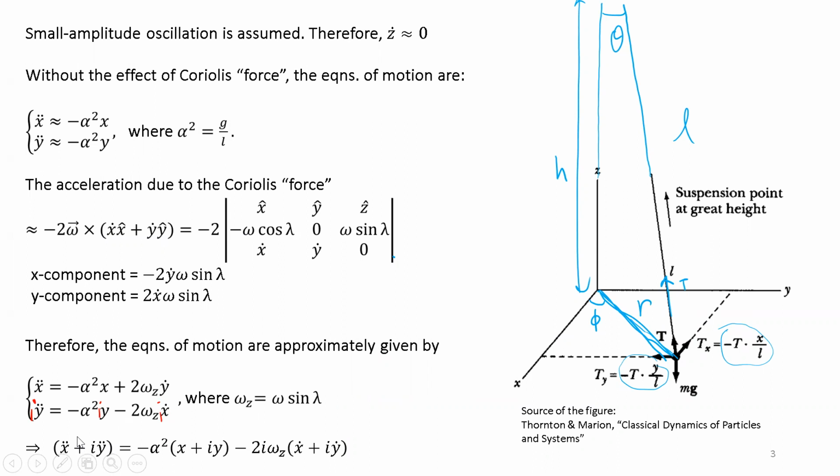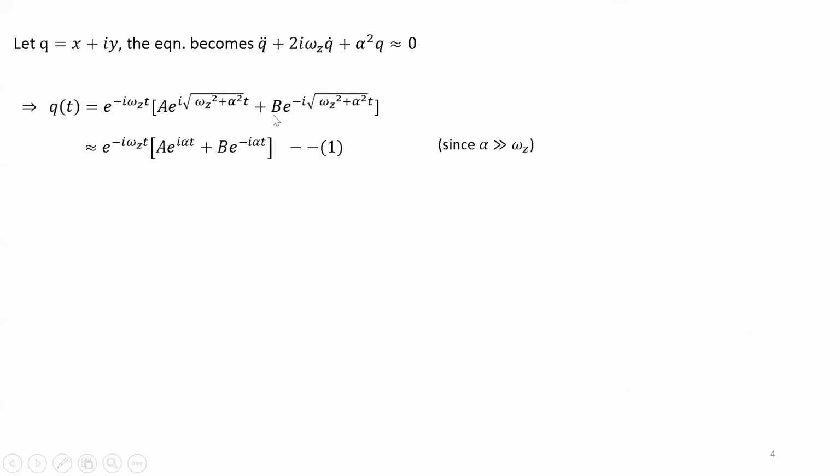Then you can see that I have this X plus iY term, and that's exactly Q. So the equation of motion becomes this, and then the solution is written like this. Use the auxiliary equation, you should be able to find the roots, and then that's the solution.